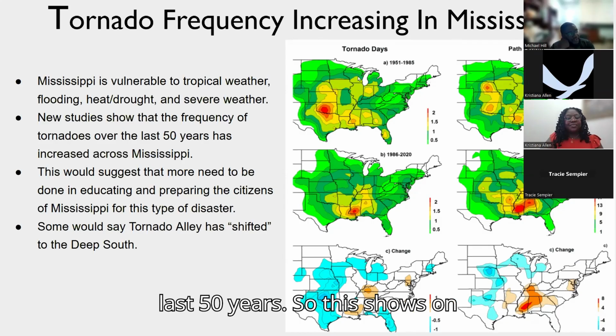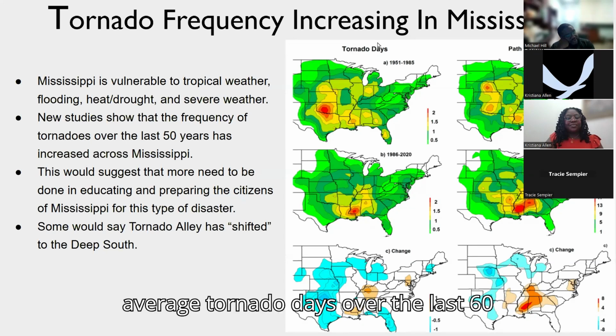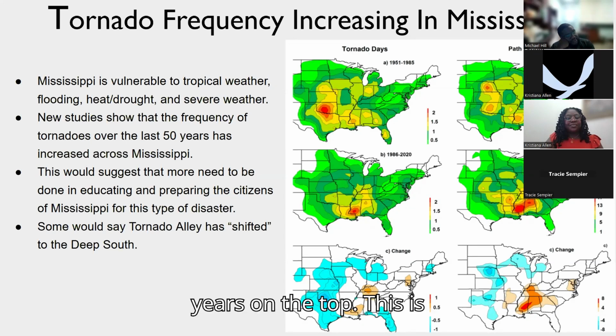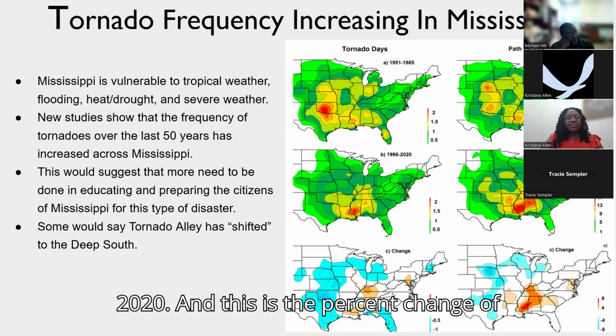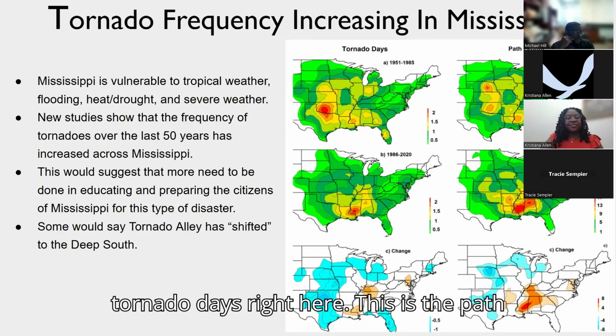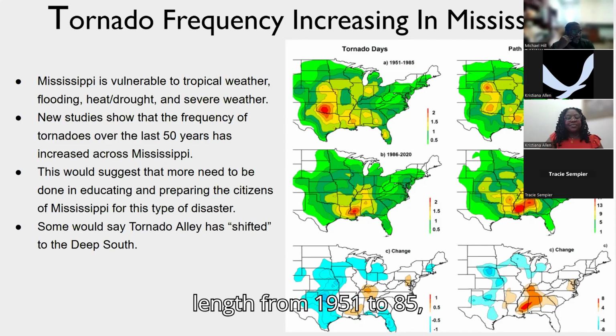The left-hand column shows the average tornado days over the last 50 years. The top is from 1951 to 1985, and this is from 1986 to 2020, and this is the percent change of tornado days right here. This is the path length from 1951 to 1985, 1986 to 2020, and the change.